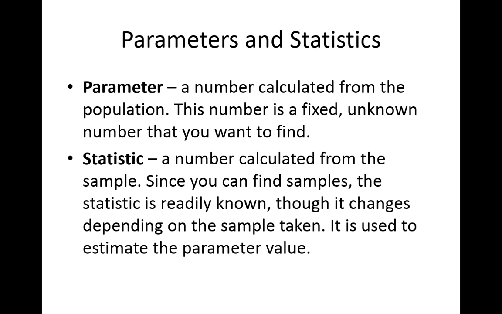So for the statistic, finding the average is still the same computation, but we're going to use the numbers in the sample rather than the population now. And so we take those numbers in the sample, add them all up, and divide by how many there are in the sample.